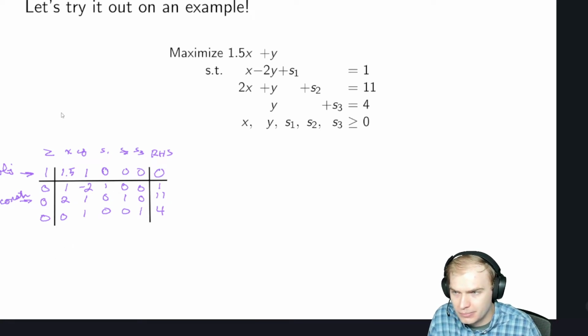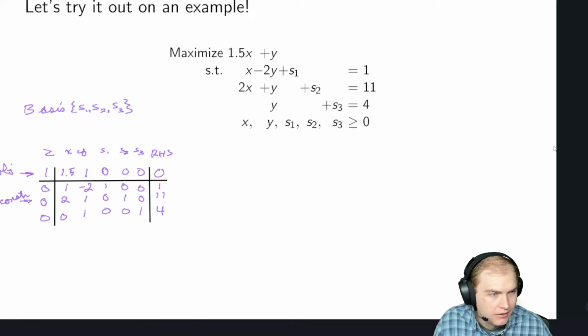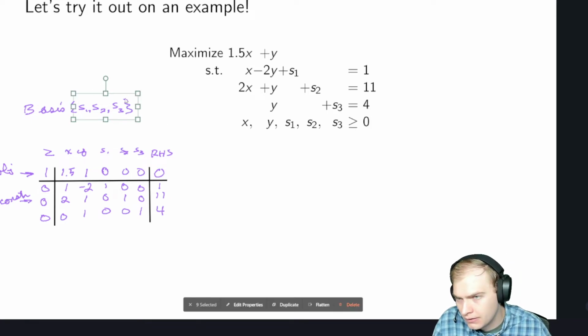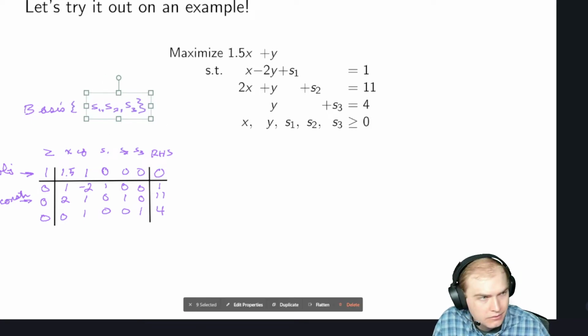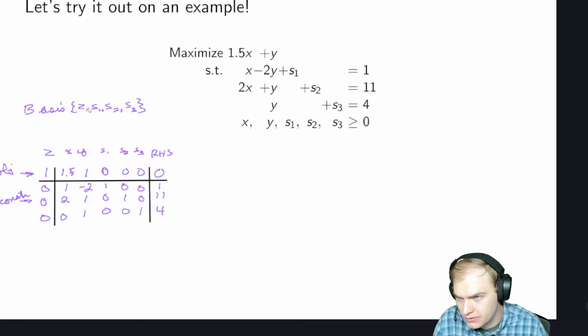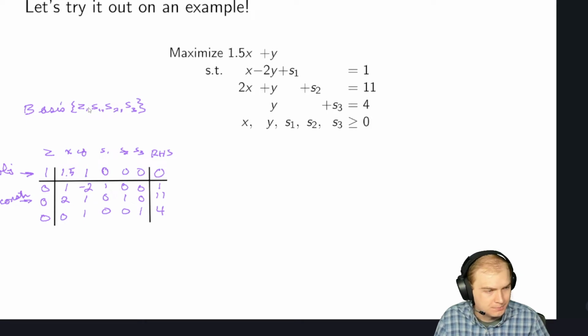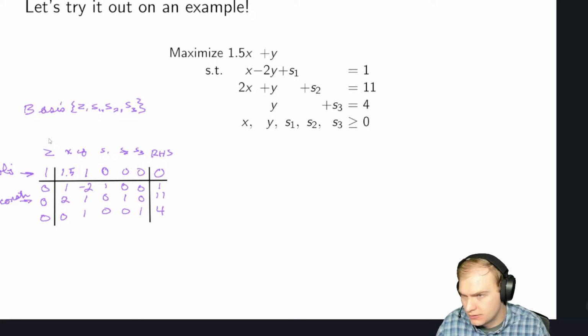So remember that our basis is S1, S2, S3, and actually I'm going to add our newest variable z to the basis. So it's these 4 columns.